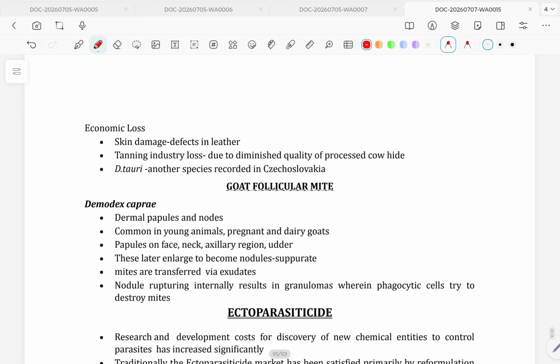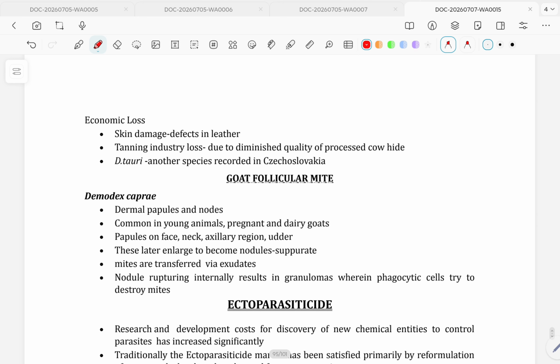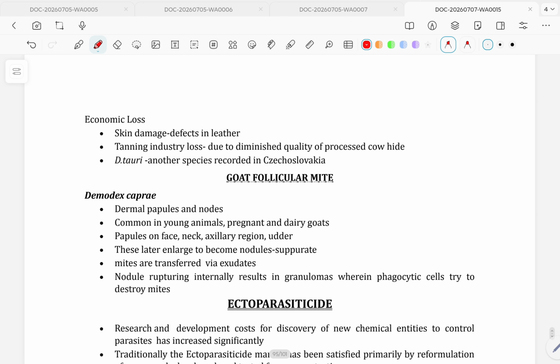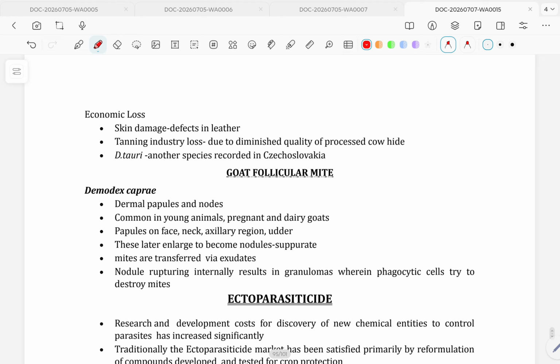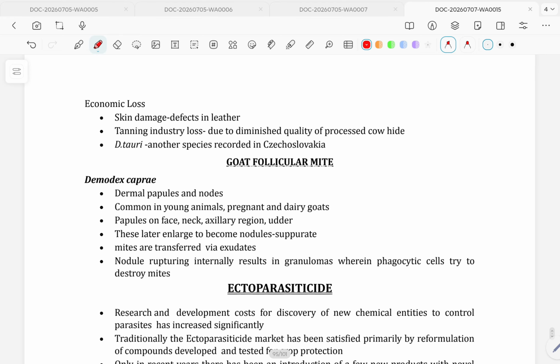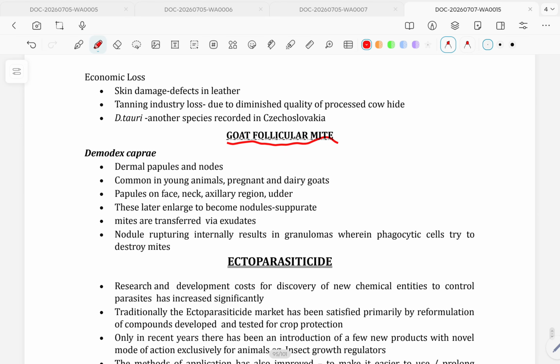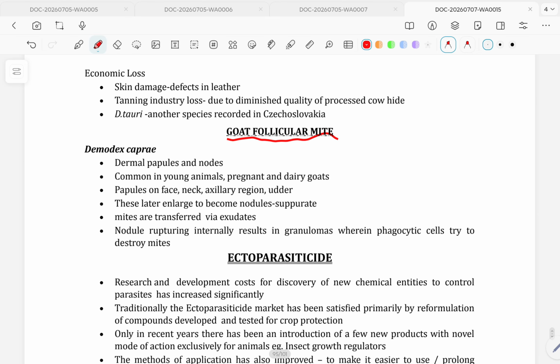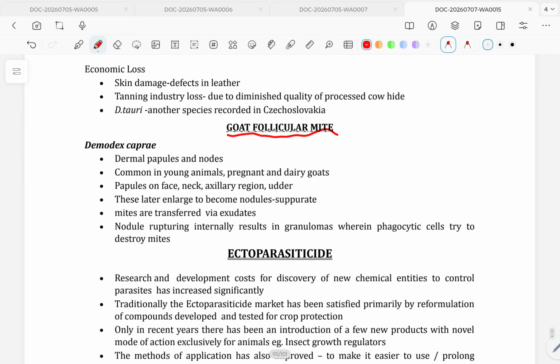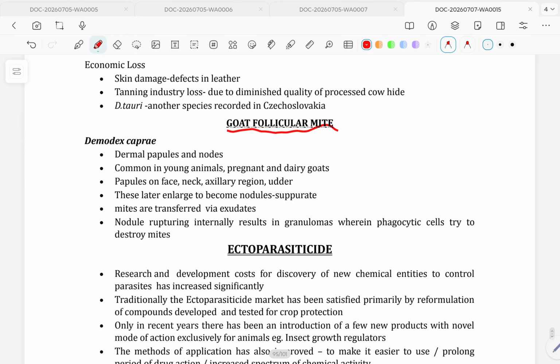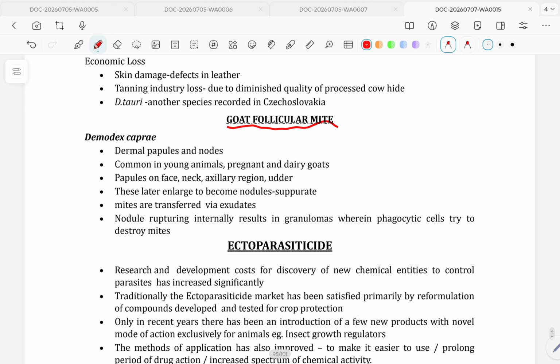D. tauri is another species, recorded in Gelsenkirchen. Goat follicular mite, Demodex caprae. Dermal papules and nodules are common in young animals, pregnant and dairy goats.